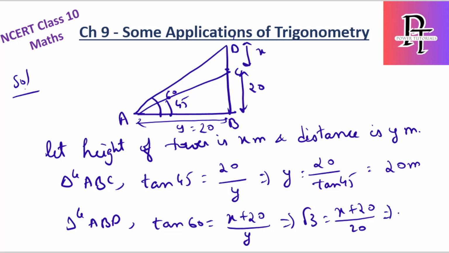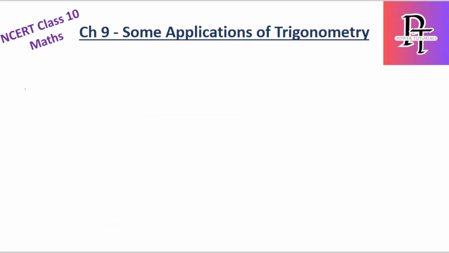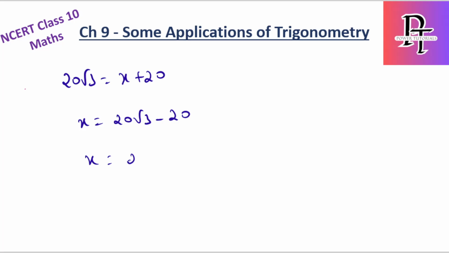So 20 root 3 is equal to x plus 20. So x is equal to 20 root 3 minus 20, or I can write it as x is equal to 20 into root 3 minus 1 meters.